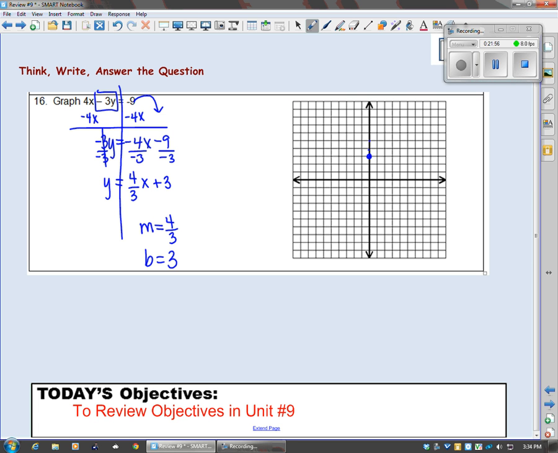Go up 4 and over 3. Okay, if I go up 4 and over 3, I'm off my graph. So I'm going to go down 4 and to the left 3. If you notice, that still keeps my connection going in a positive direction. So there's somewhere you had to look at the equation and then do a correct graph.